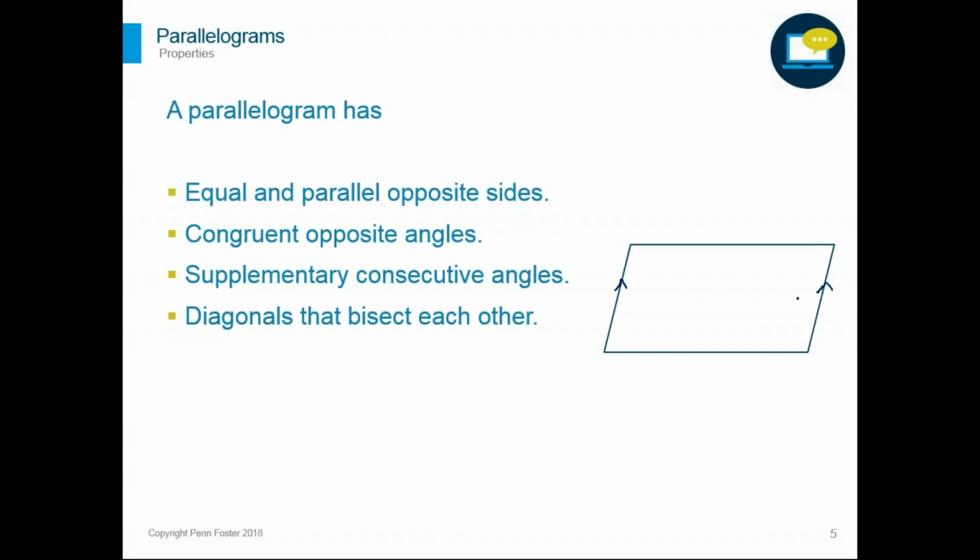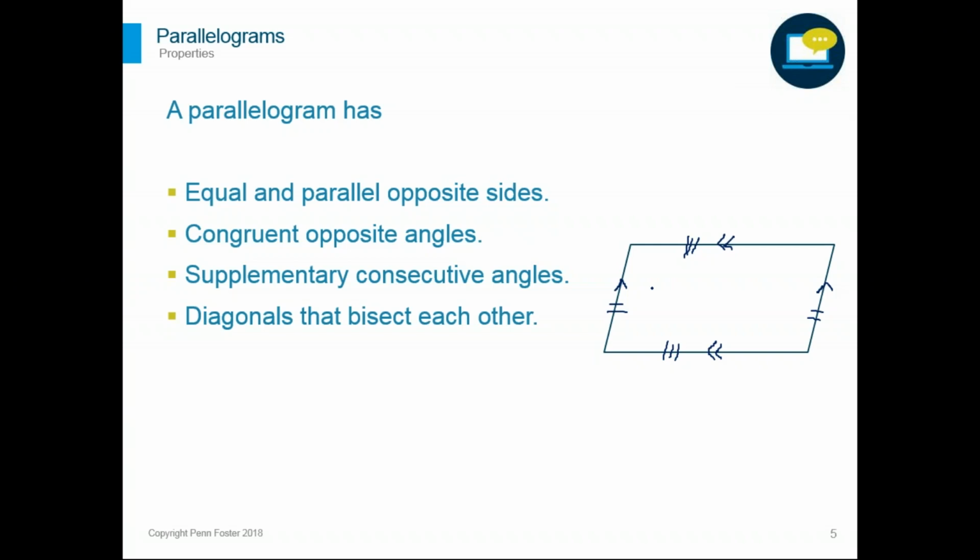I'm going to do that by using the arrows. So this side here and the opposite one are parallel and equal in length. And the other pair of opposite sides are parallel as well, and they are equal in length. So that will tell us the properties as far as side length and parallelism for the sides of the parallelogram.